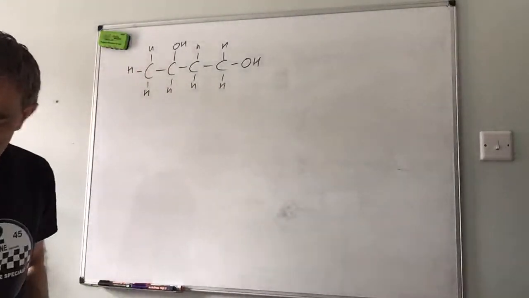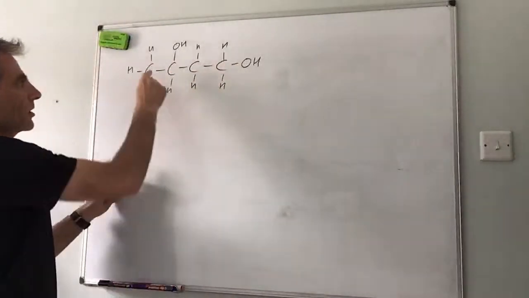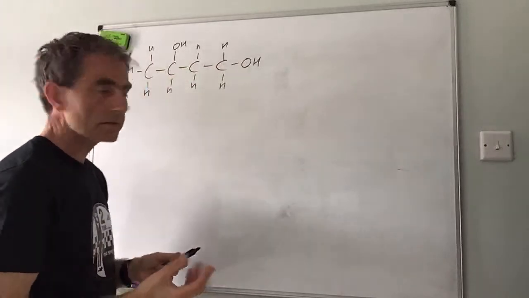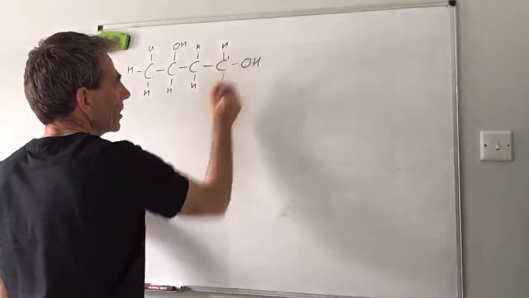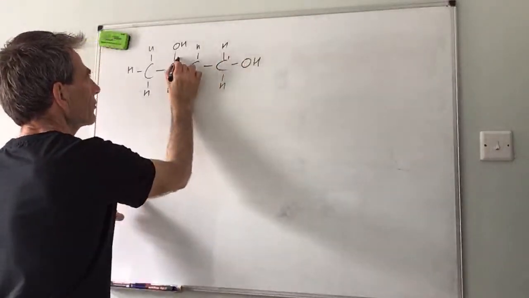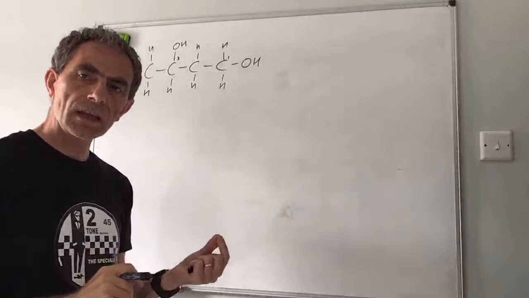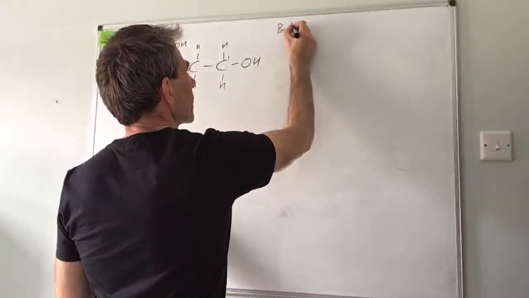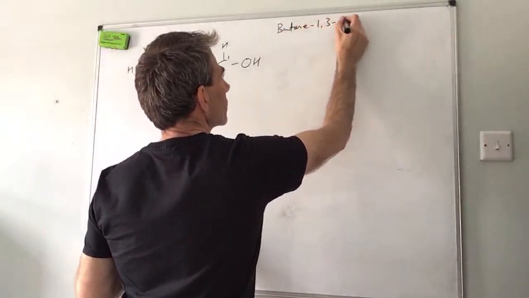Right. So what we've got in here, this is a diol. It's got 1, 2, 3, 4 carbons, so it's bute. And we've got OH groups on carbon number 1, 3. So this will be called butane 1,3 diol.